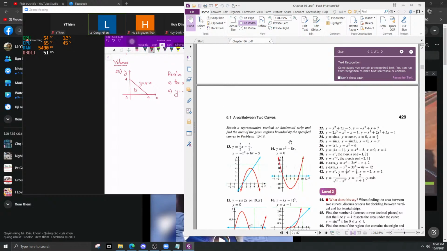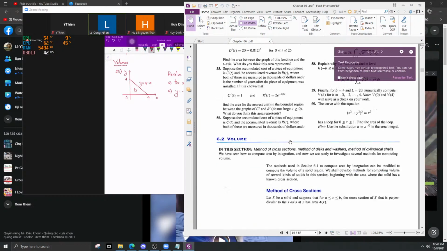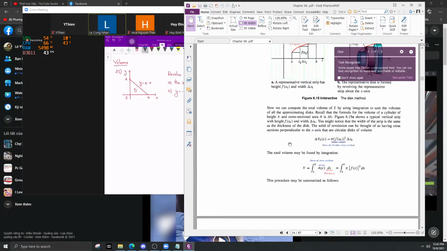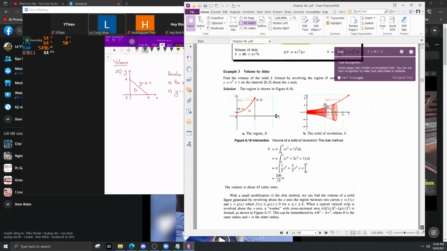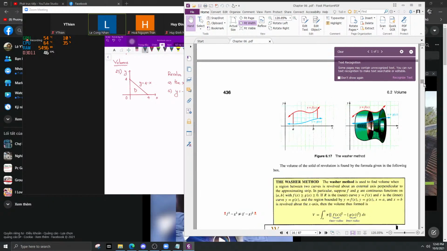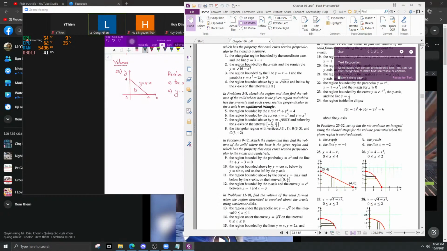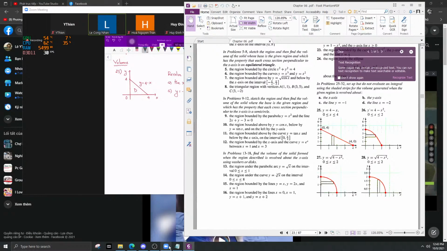Now in this problem, because our curve y is given in terms of x, we will choose x as the variable of integration. So we choose a representative rectangle.